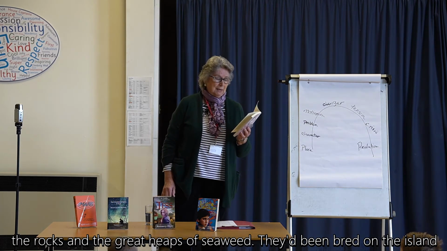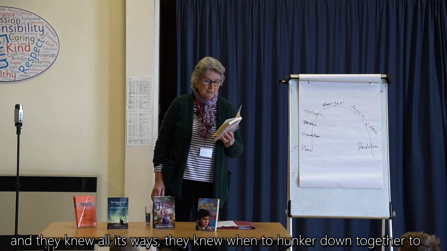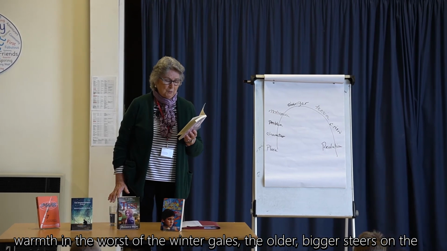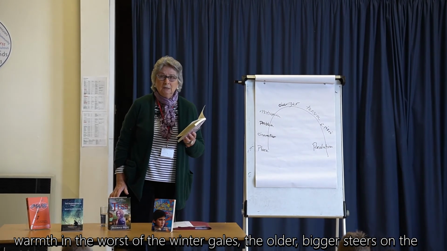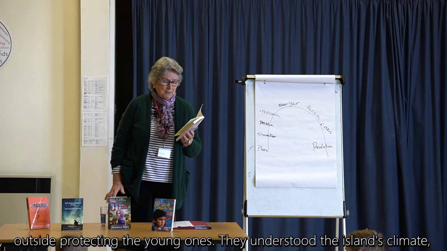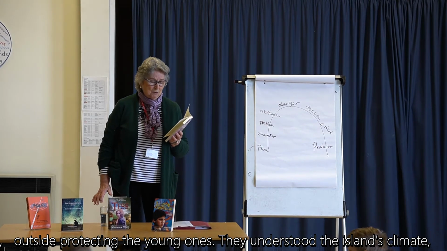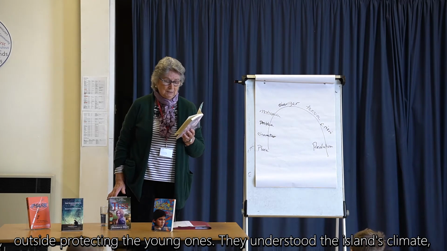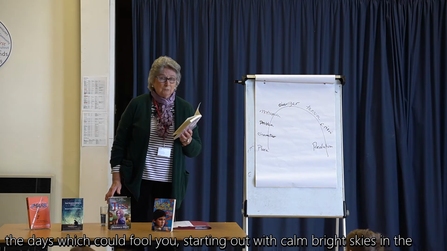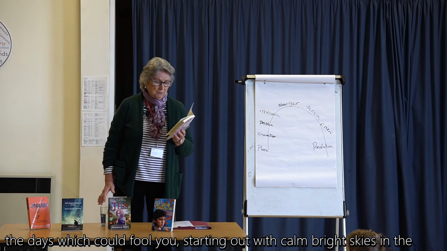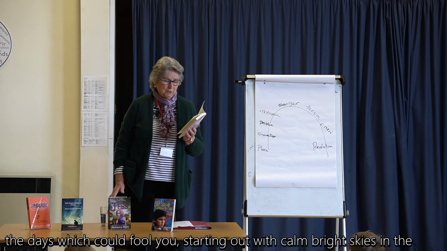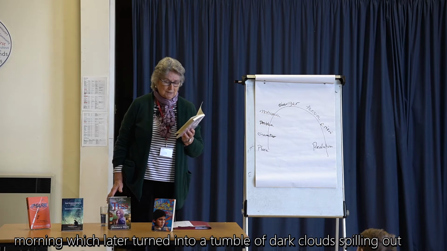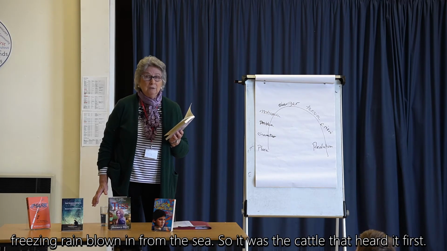They'd been bred on the island and they knew all its ways. They knew when to hunker down to produce warmth in the worst of the winter gales, the older, bigger steers on the outside, protecting the young ones. They understood the island's climate. The days which could fool you, starting out with calm, bright skies in the morning, which later turned into a tumble of dark clouds, spilling out freezing rain blown in from the sea.